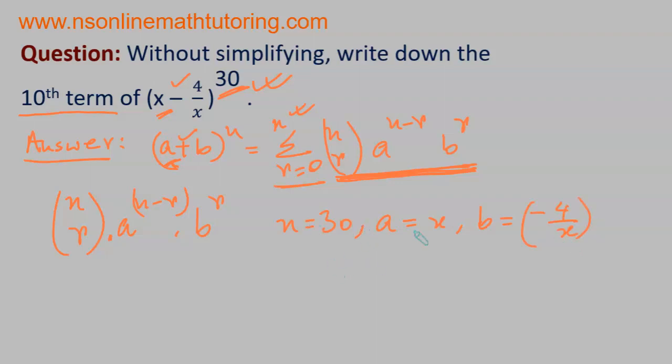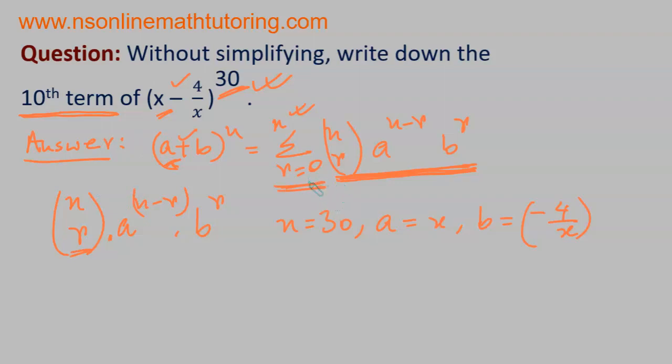We know n, we know a, we know b. What don't we know? We don't know the value of r. What will be the value of r when we have to get the 10th term? Now, our starting value is 0.